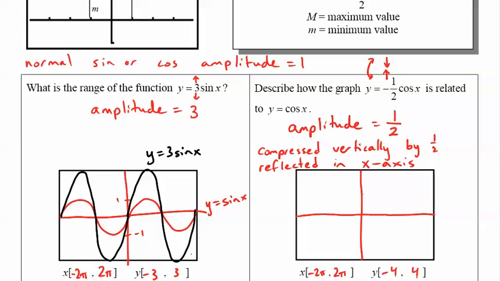Let's draw the normal one in red. So my normal cos starts on the top and goes down. If I reflect it, now it's going to start halfway. And it's only going to go up to a maximum of 1/2 instead of a maximum of 1. And because it's getting flipped, it starts on the bottom and then starts to go up.